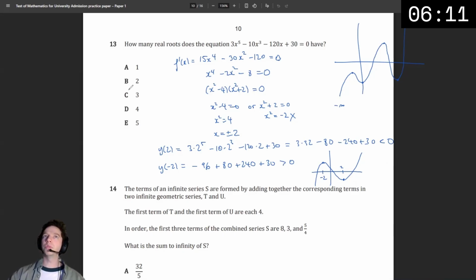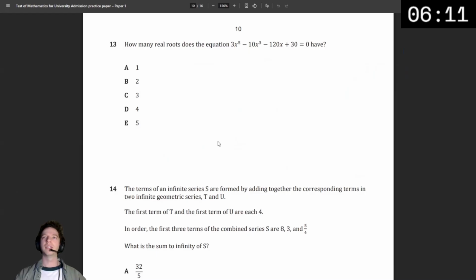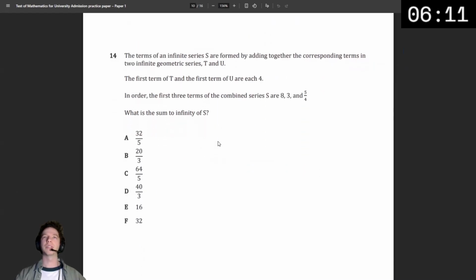So three real roots, hopefully. Let's have a look at the answers. Yeah, I checked the answers, and that is answer C. Awesome. Happy with that. Great. Go to the next one.